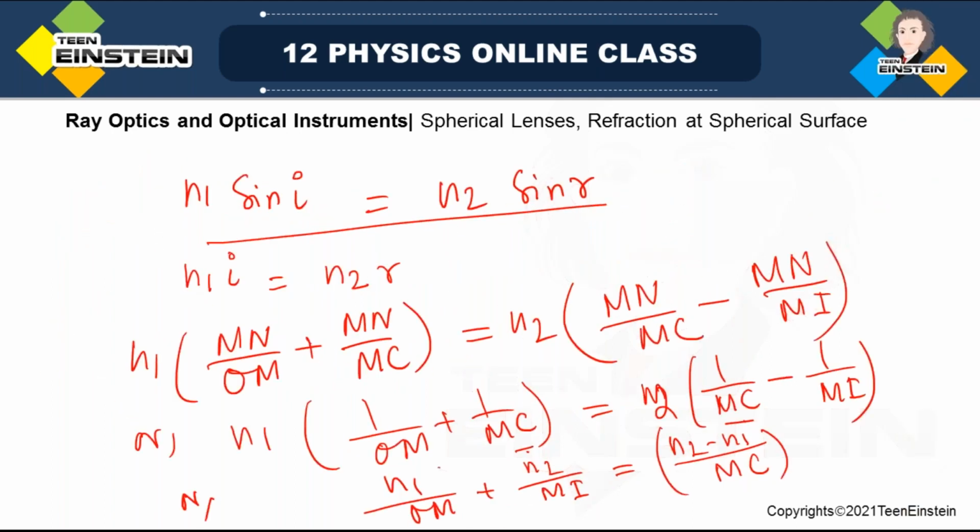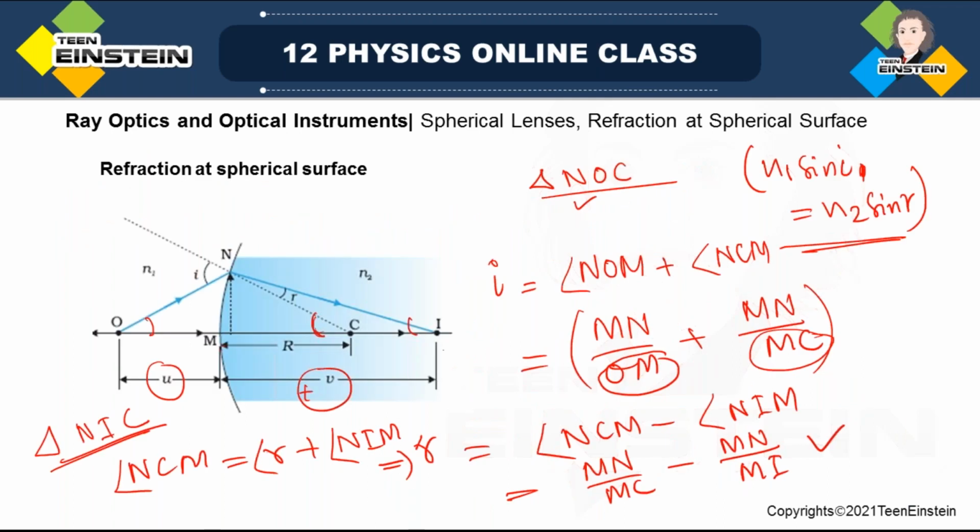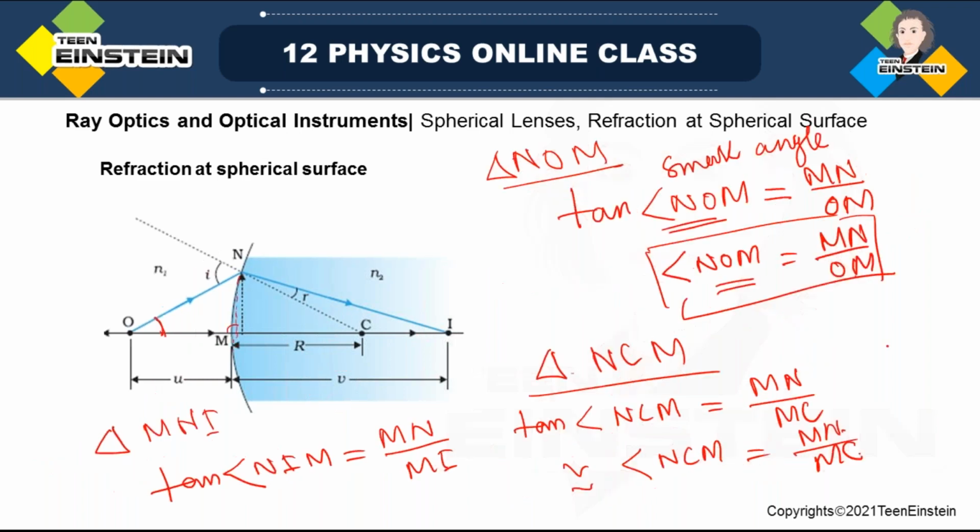Or see, you have to use the geometry. This figure I have borrowed from the NCERT textbook. You can go through that. Here there are a few assumptions. One is small aperture. Small aperture means this length MN has to be taken as a straight line.